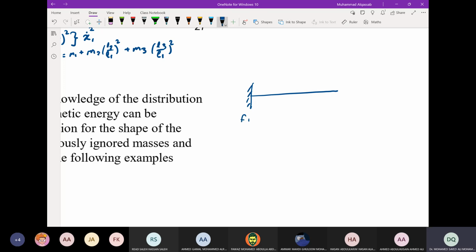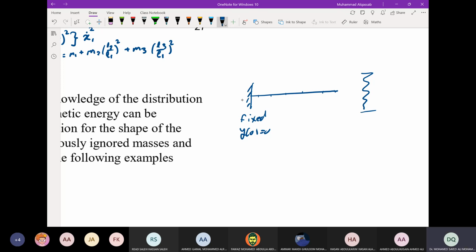This is fixed, so y at 0 is 0. There is no pivot here, so the points will have relative motion. It means this is elastic, and of course the spring is elastic.